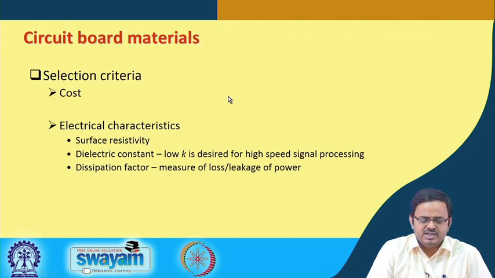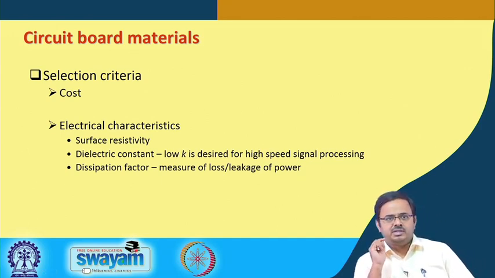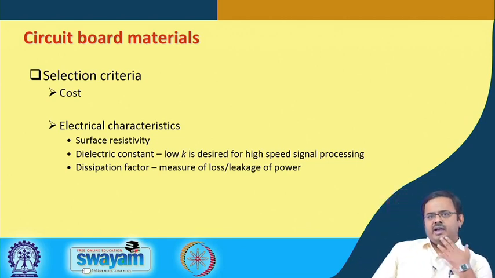So, let us now go with circuit board materials. What is the selection criterion for circuit board materials? Before we go into what materials to use, if I have to choose a material, what are the considerations that I should keep in mind? Number 1, cost. Cost is extremely important in this industry.